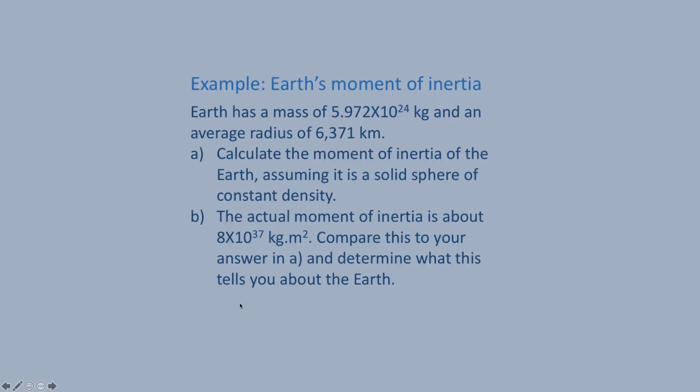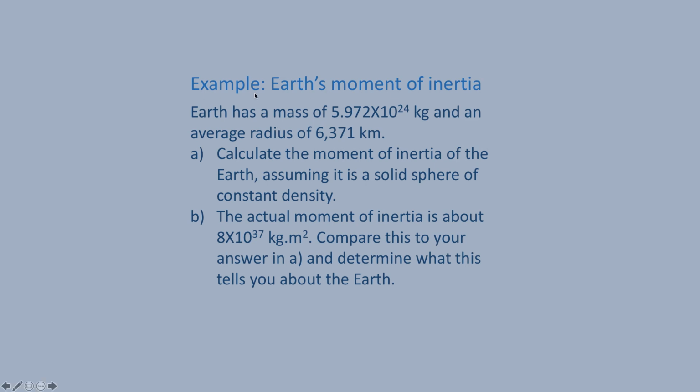Okay, so let's see an example of where we use these quantities, and we'll work our way to angular momentum starting from the Earth's moment of inertia, and then we'll start thinking about its rotational properties. This is really a three-part problem, three examples connected to the same problem.